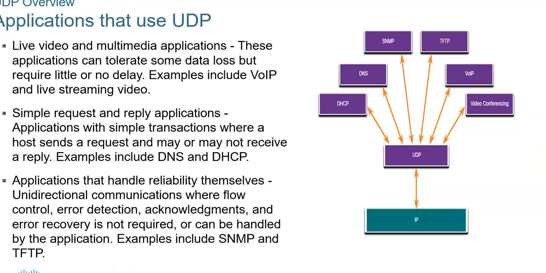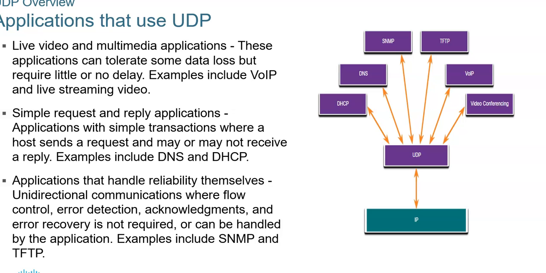This slide reiterates that voice and video are prime candidates for UDP. So are applications that are simple requests and replies, such as DNS, Domain Name Service, and DHCP for automatic addressing. Note this last bullet point.